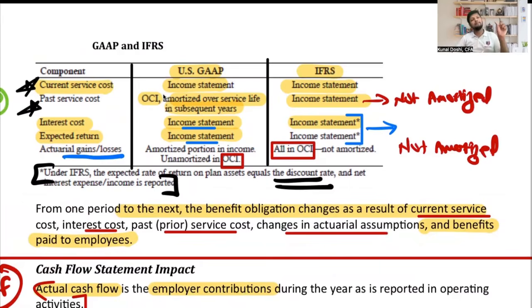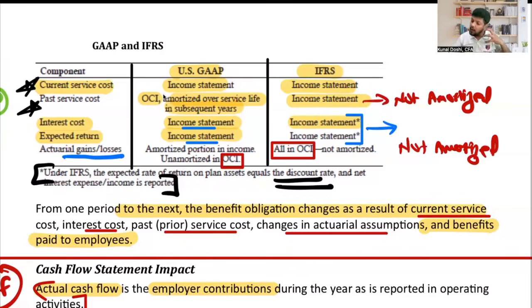The problem is with past service cost, which is due to amendment. US GAAP says put that in OCI. IFRS says no, put everything into the income statement. It is only actual gain and loss which they both want to put in OCI. But interest cost and expected returns are recorded in the income statement under IFRS and US GAAP.